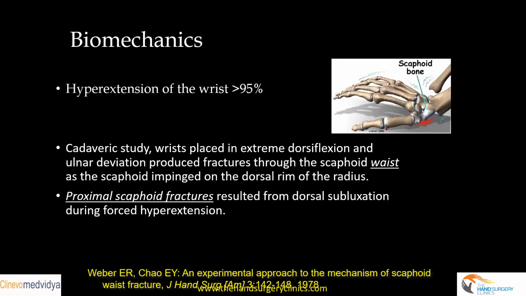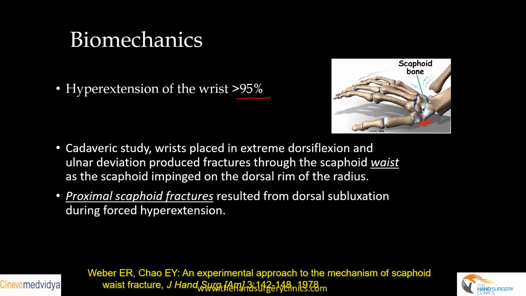The majority of fractures that involve the scaphoid are a result of a fall on an outstretched hand. And there is a hyperextension of the wrist in more than 95% of people who have a fall. There were certain cadaver studies where they looked at the mechanism of injury, and they found that the waist of the scaphoid is where the fracture line is most commonly seen.